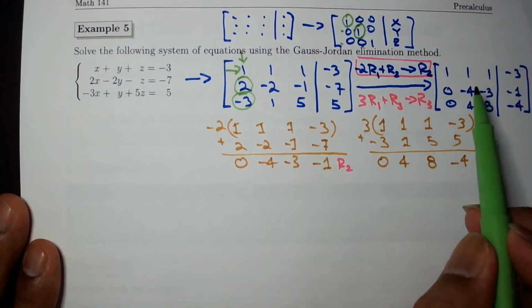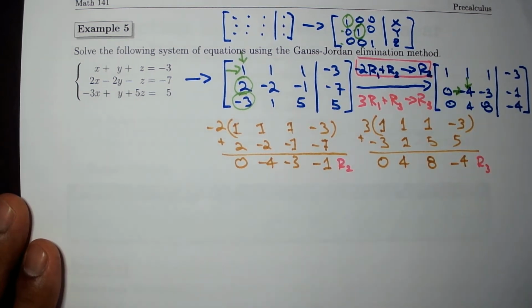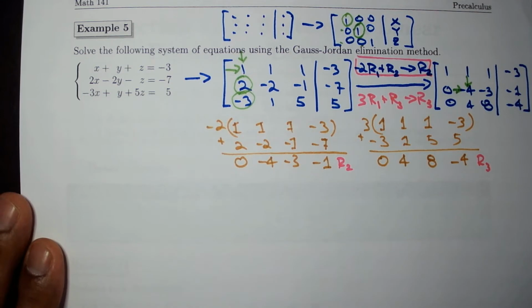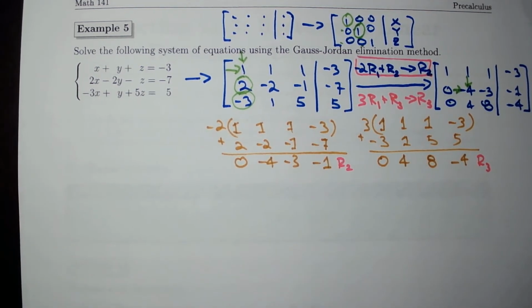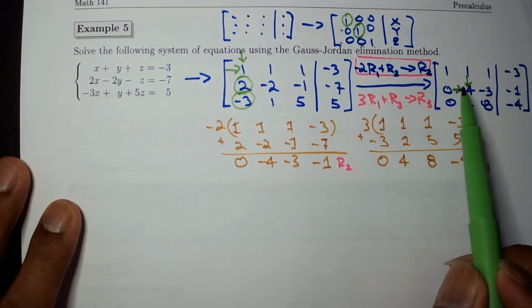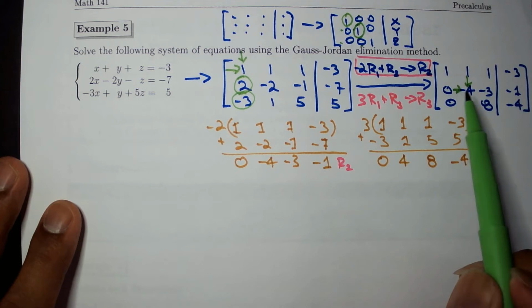Alright, but in this case, the element, which is going to be our new pivot, it's not a 1, it's a negative 4. So in this case, we can use one of the properties of elementary row operations, which is to multiply or divide the entire row by a non-zero scalar.